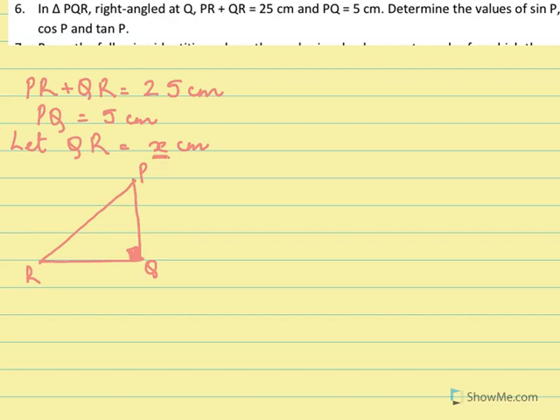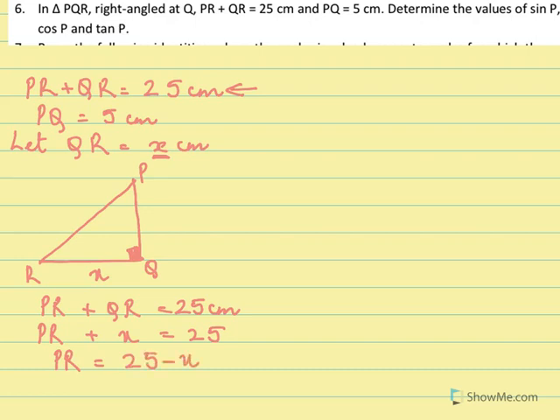And I've taken QR as x. Now look up here what they have said. They have said PR plus QR equal to 25 centimeter. So we have PR, the QR we have taken x, equal to 25. So PR is 25 minus x, and let me mark that. So this is 25 minus x.